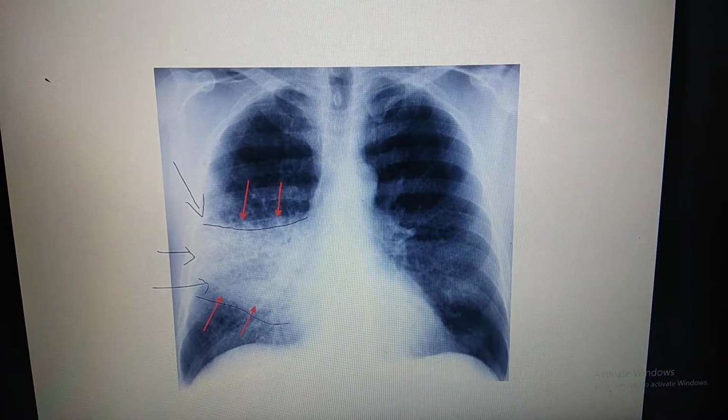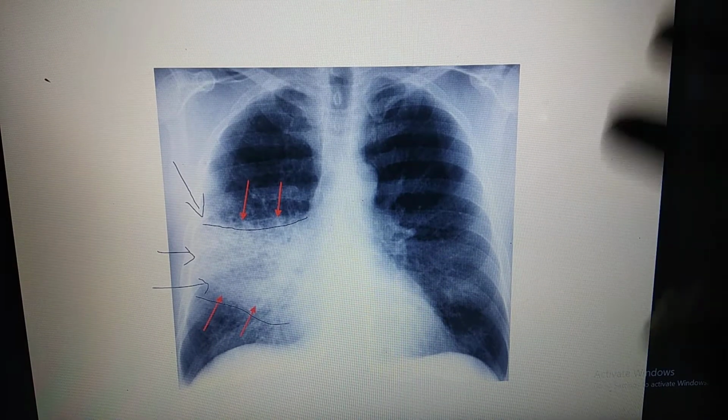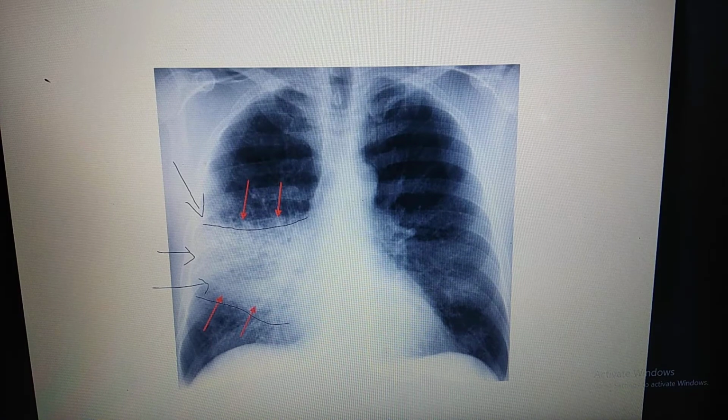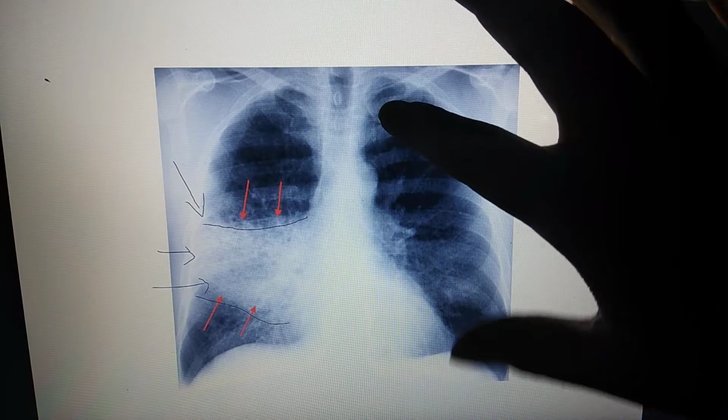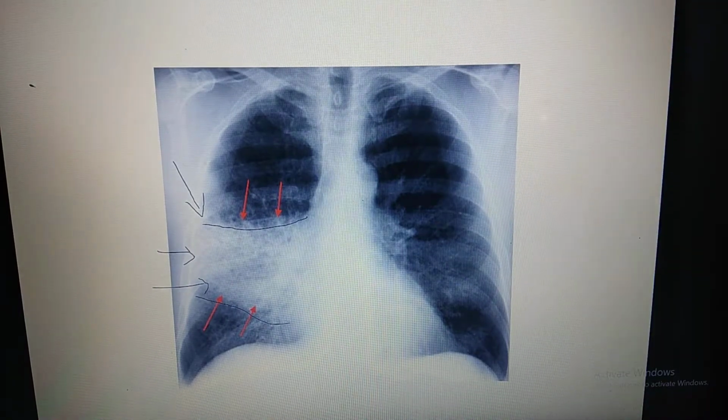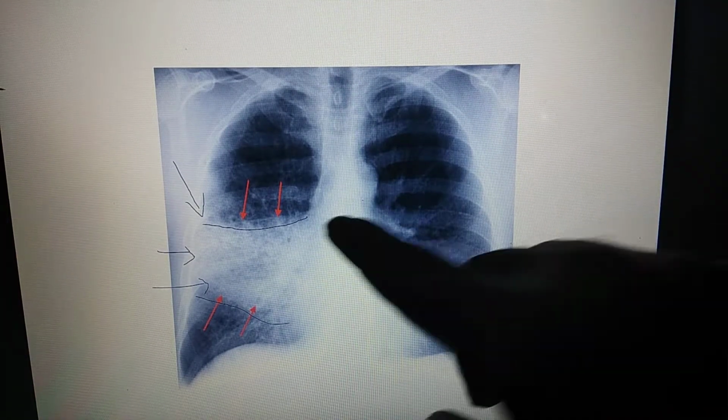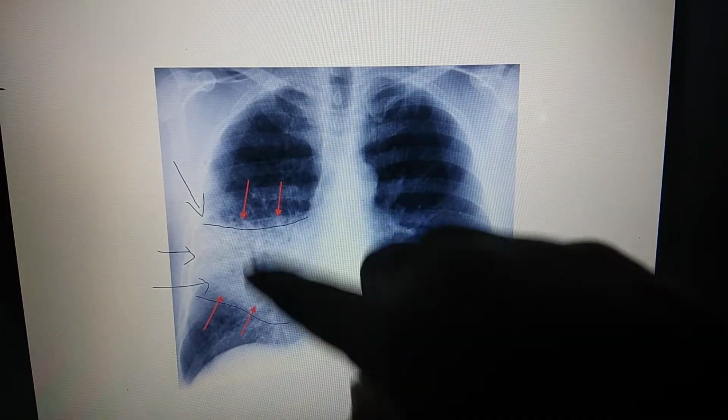So this is most likely an x-ray of pneumonia. What is pneumonia? Pneumonia means inflammation of the lungs with congestion. Congestion means excessive mucus, and excessive mucus means fluid. So if there is fluid here, it appears as white.